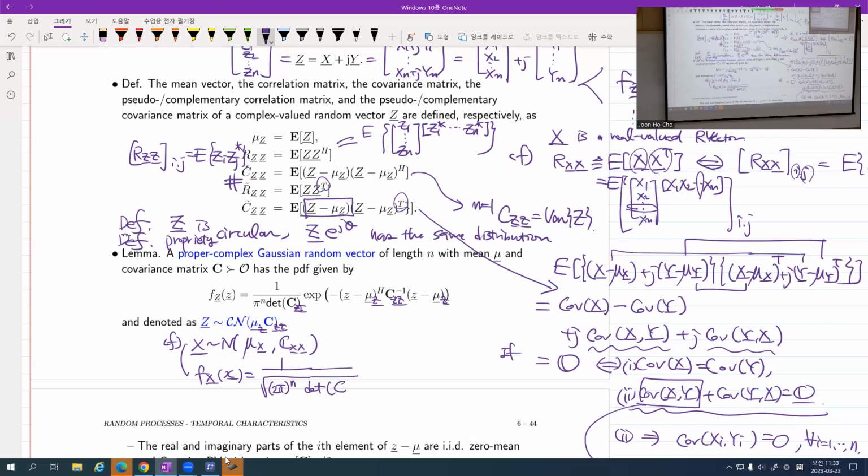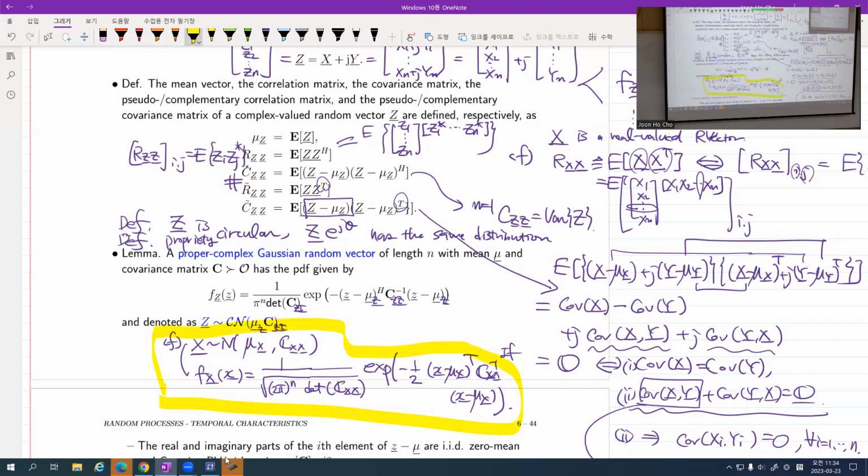The determinant of C_xx, the covariance matrix of the real Gaussian random vector. And you had the exponential of minus 1/2 times x minus mu x transpose, C inverse, times x minus mu x. So this was the real case.